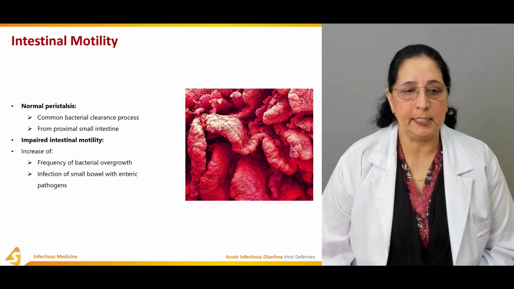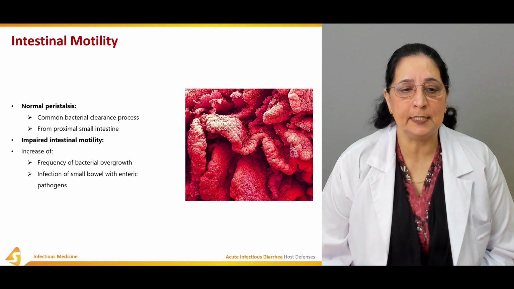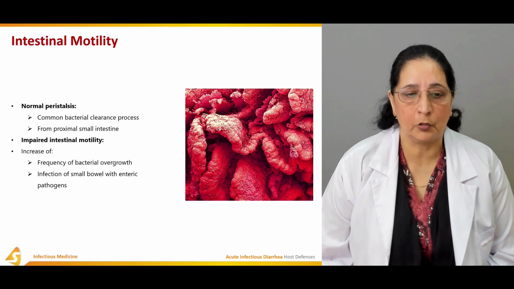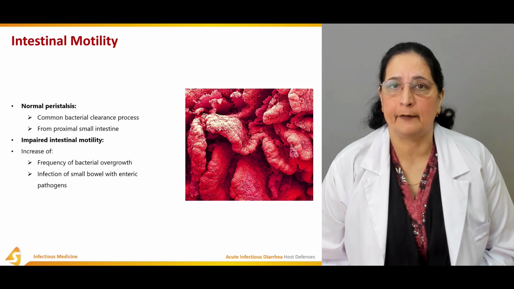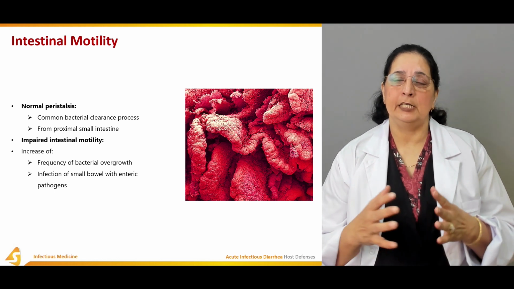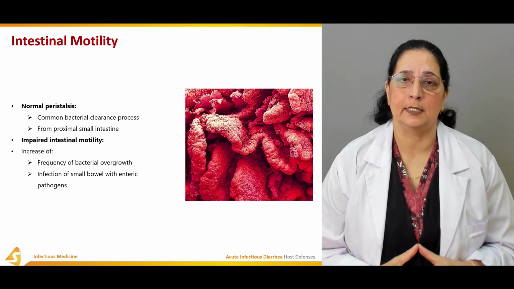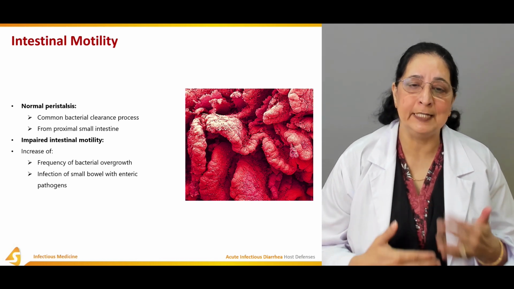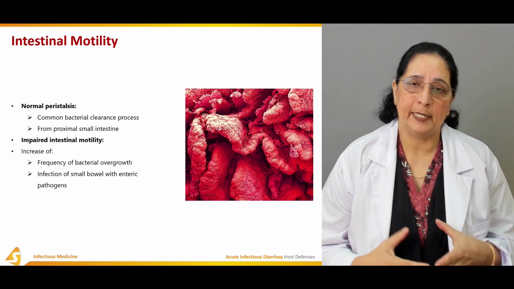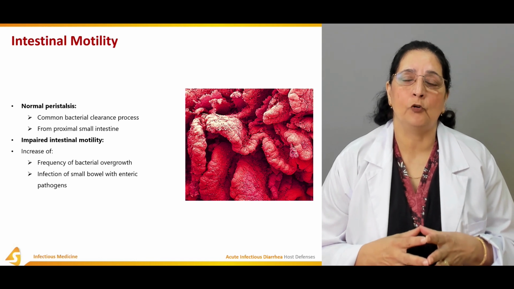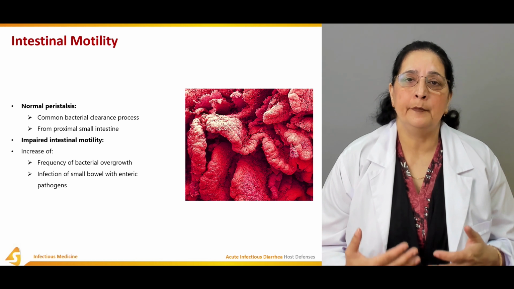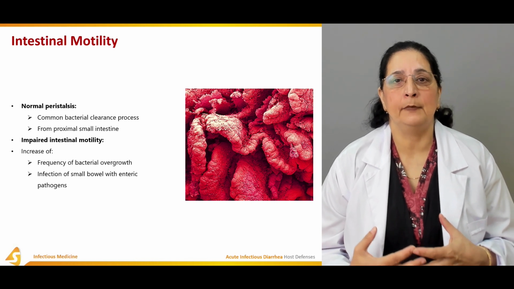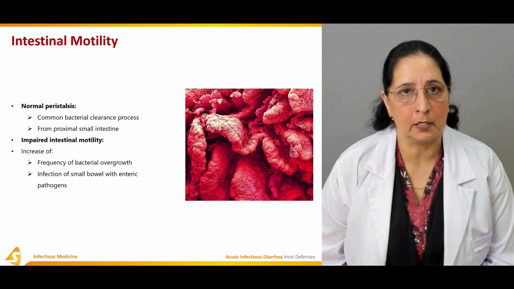Impaired motility increases the frequency of overgrowth and infection of the small bowel with enteric pathogens. So if decreased motility is present, then it can cause increased infection by pathogenic microorganisms, because the means of clearing the microorganisms, like peristalsis, is not present.